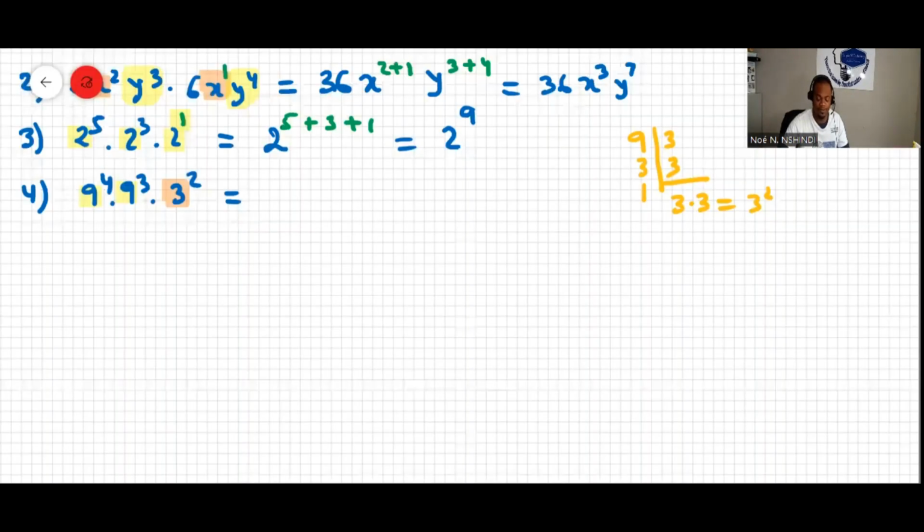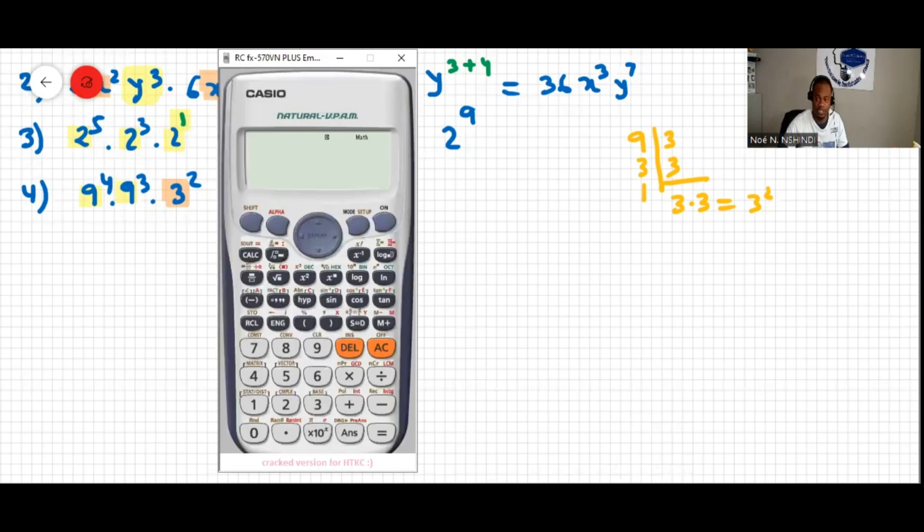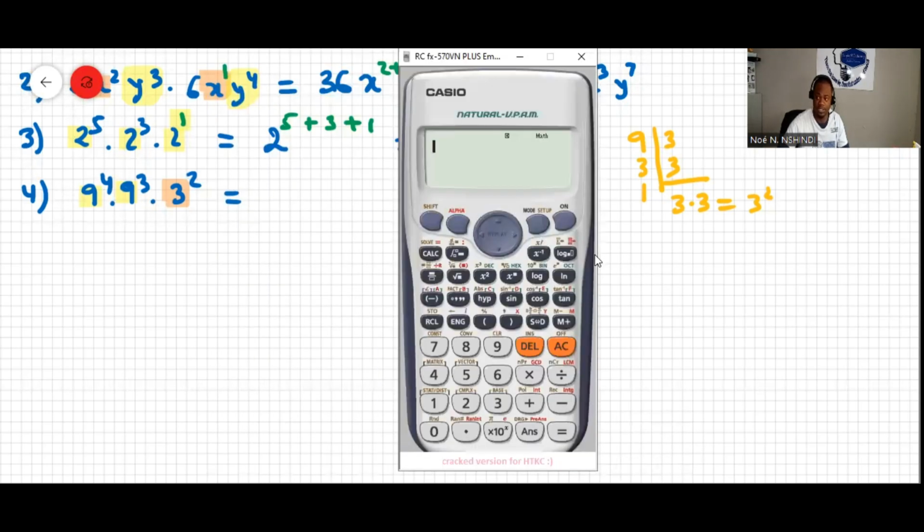Or you can identify them also by the help of a calculator. Over here, you just press 9, and then you hit the equal button, and then press shift, and then press this button here, you see fact, and then it will tell you what the number is in terms of its prime factor. Let me do it over again.